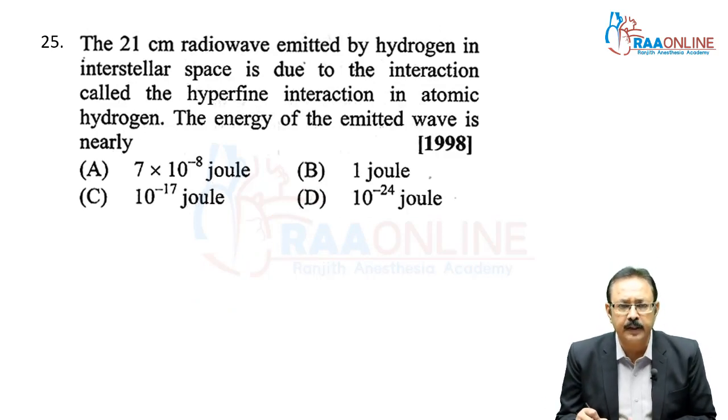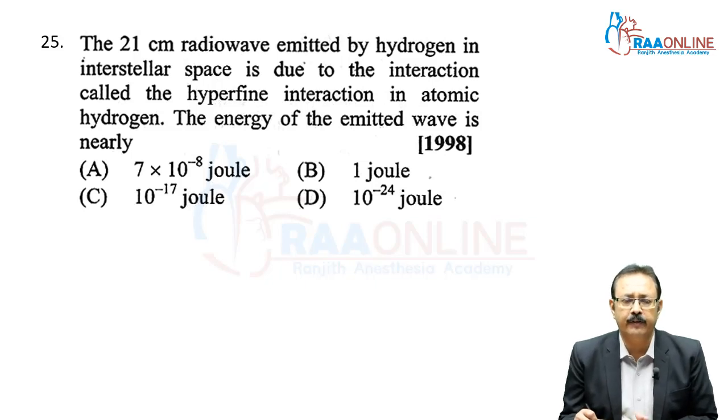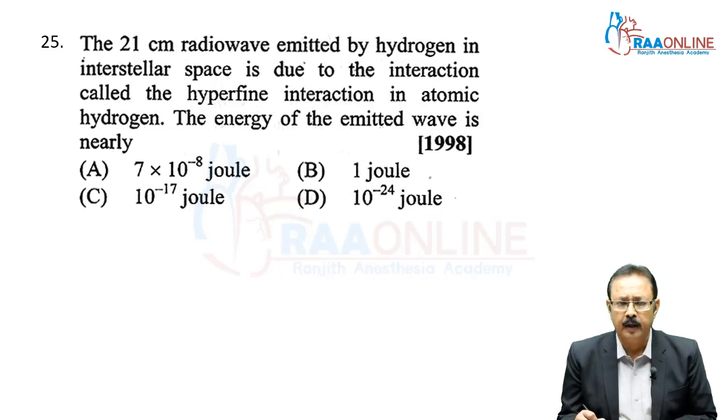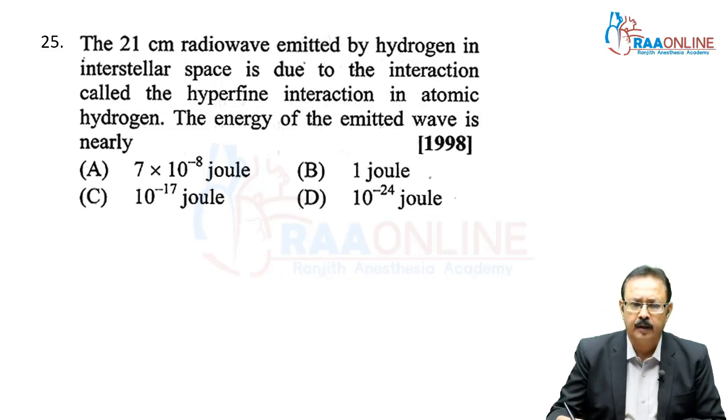Next, it is from 1998 AIPMT. The 21 centimeter radio wave emitted by hydrogen in interstellar space is due to the interaction called the hyperfine interaction in atomic hydrogen. The energy of the emitted wave, the wavelength is given, so you can calculate energy.